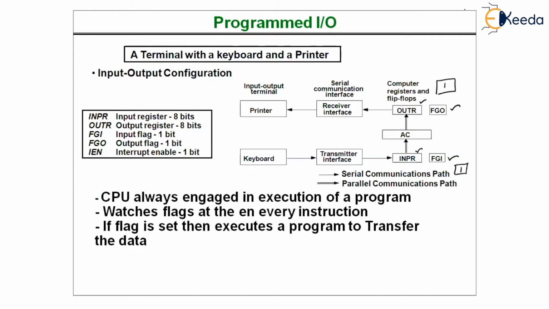So here, this flag must always be watched, because every time a user is ready with the data, that is, when a character has been typed on the keyboard, for example, immediately input flag will be set to 1. The moment input flag is set to 1, the CPU should respond immediately.